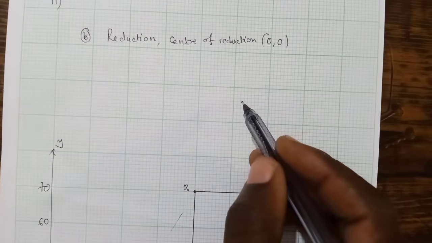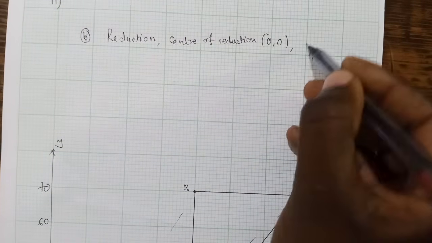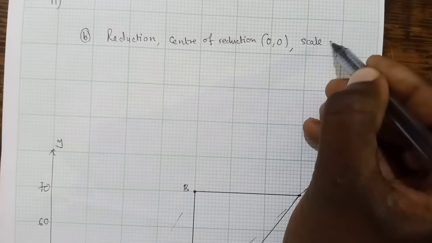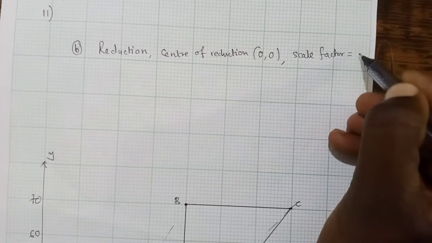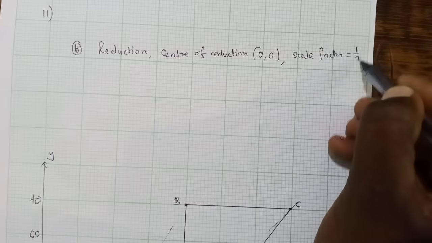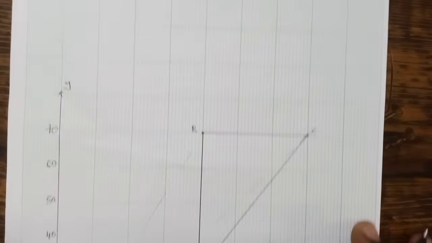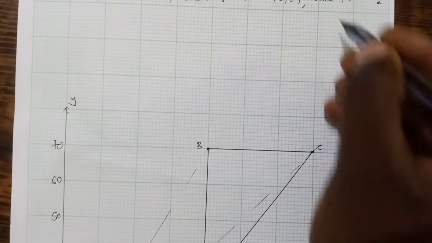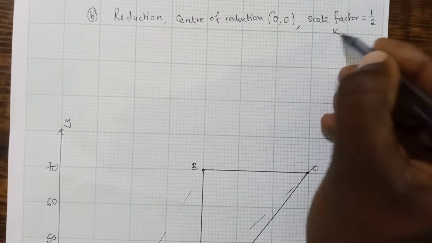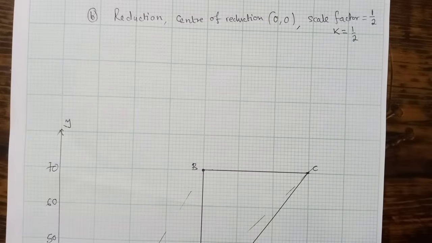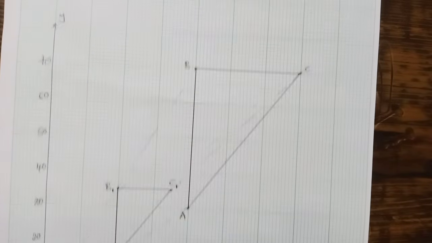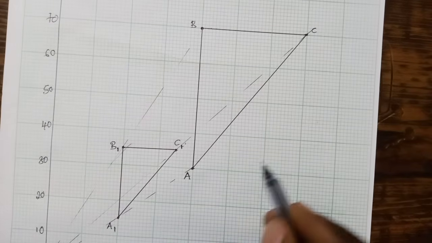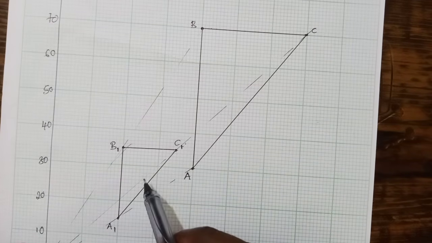The next will be to find the scale factor. In this case, the scale factor is 1/2. Okay, 1/2. So what you normally do for you to find the scale factor, which is k, or if you want, you can just say k is equal to 1/2. It's just the same. So for you to find the scale factor, this is what you do. You get the sides.